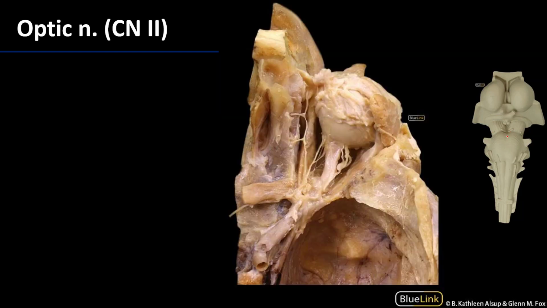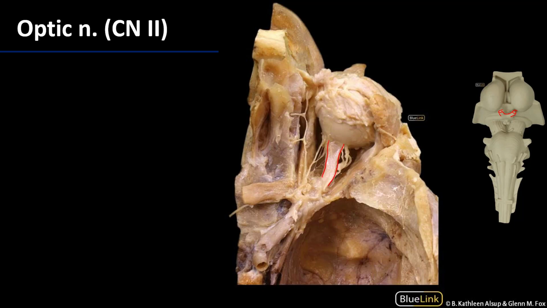So let's keep these moving in linear order numerically. So we'll start with cranial nerve 2. So here are the cranial nerve 2s on the brainstem, just to remind you. And we can see here, this is a rather deep orbital dissection.